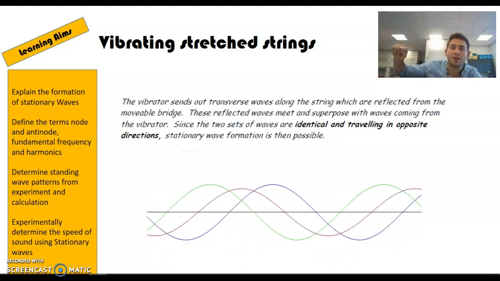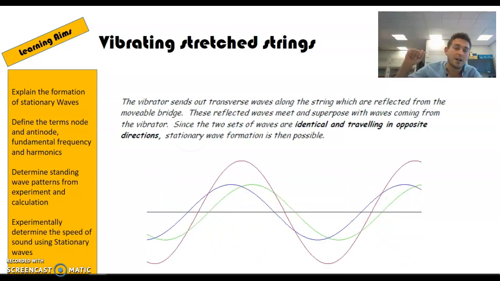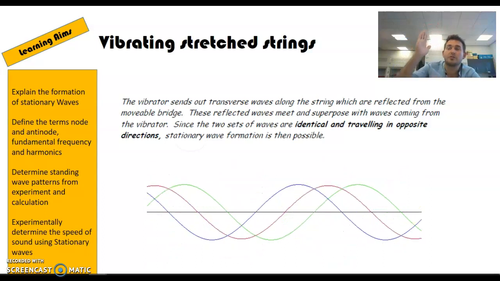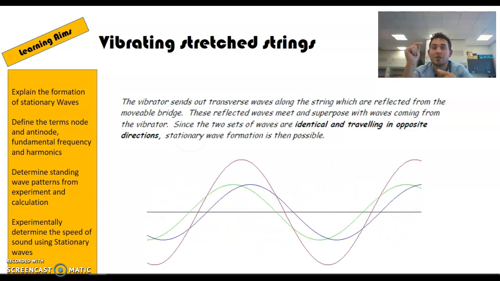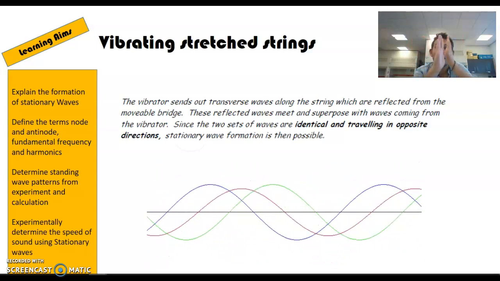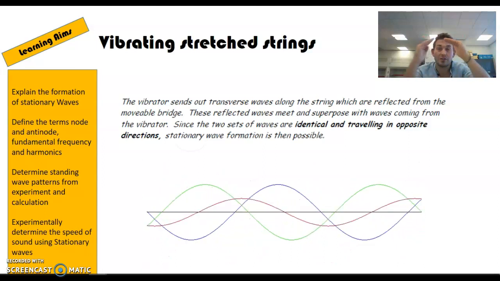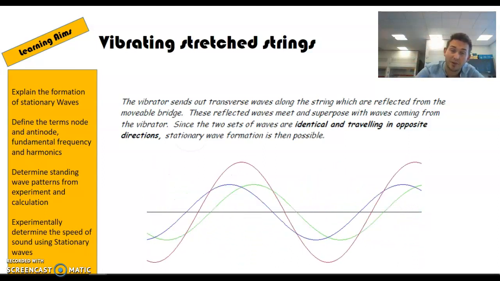I can explain why that is in a later lesson a bit easier, so I will do. Just accept it for now. So it's gone through that phase change of 180 degrees, and as they both move on, there are points where it gets in phase, and then later on, as we can see, points where it gets out of phase.